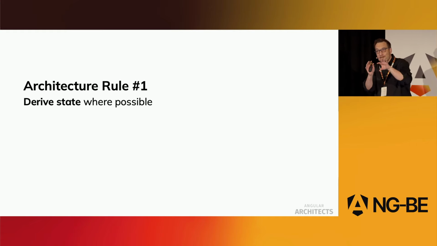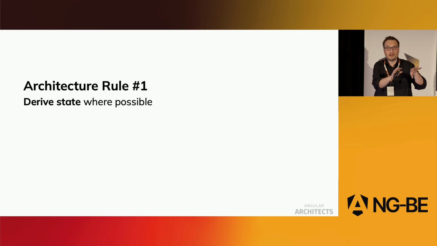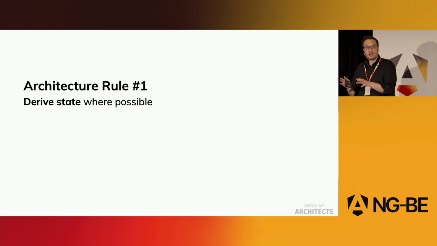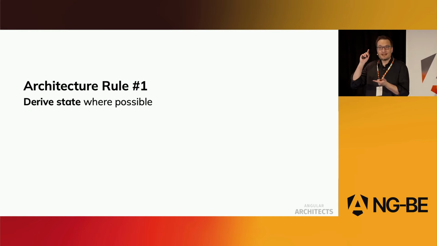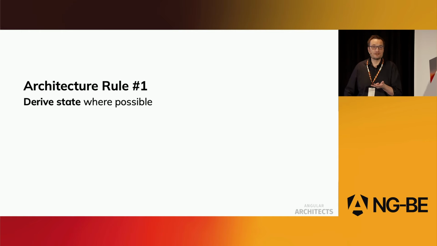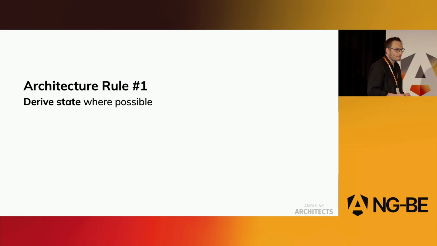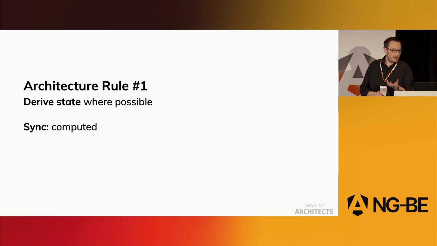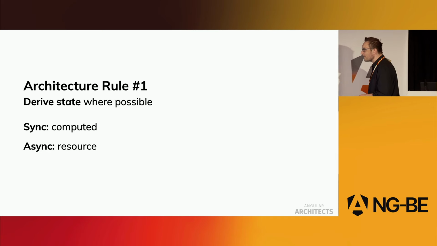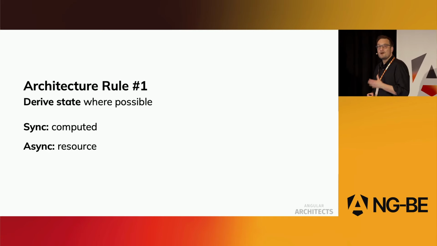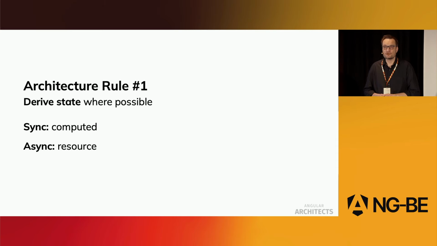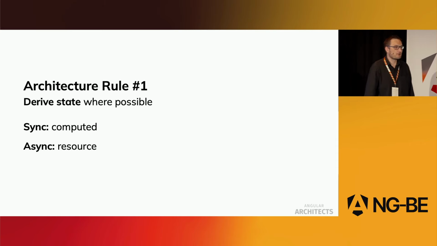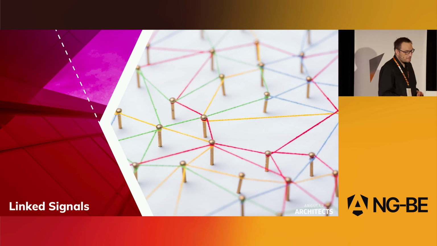Because if we derive values from existing values, we are always up to date, and we cannot get any inconsistencies and redundancies. And to do this, we can use computed for a synchronous derivation, and we can use the new resource API for an asynchronous derivation. So now we have everything for deriving our state.